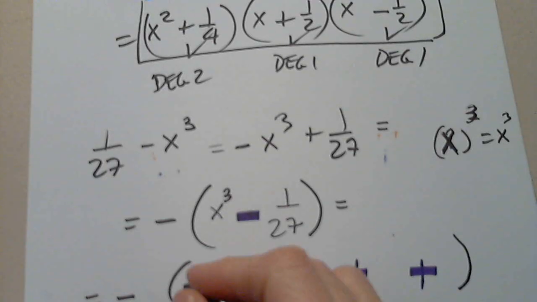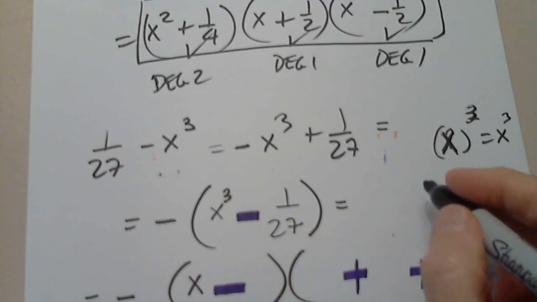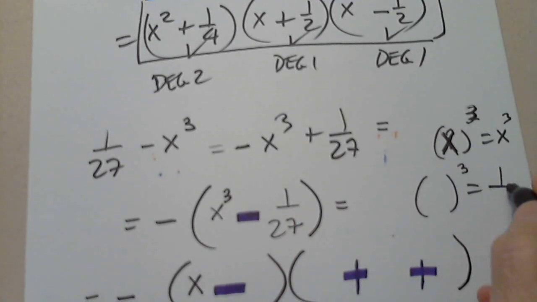What do you think we cube to get x cubed? I already did it here. It's on the side. X. Of course. Good. Now the question is, what do we cube to get 1 over 27?